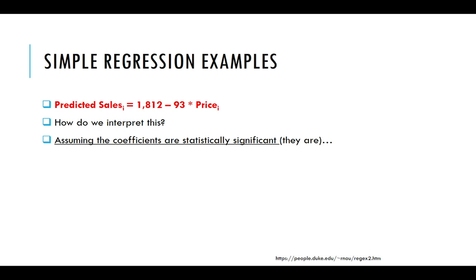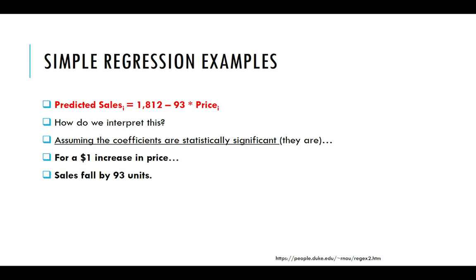So what this tells us is, looking at our beta of negative 93, for a $1 increase in price, tell me what's going to happen to predicted sales. When price goes up by $1, sales fall by 93 units. That's the prediction. For a $1 increase in price, sales fall by 93.